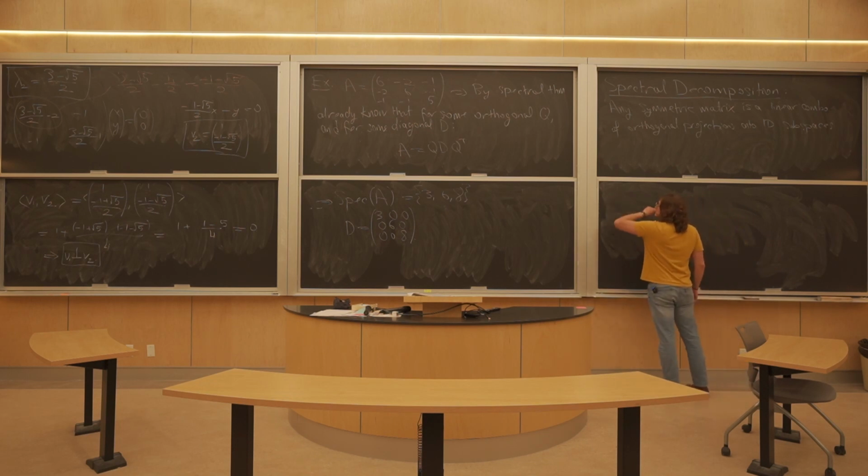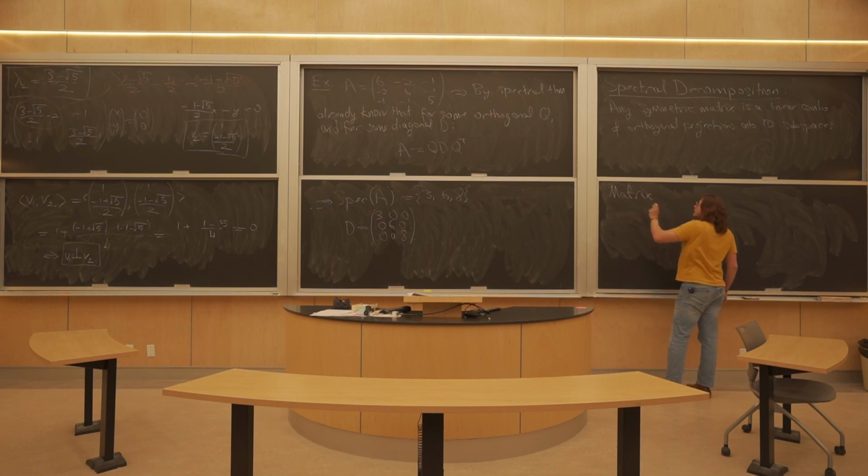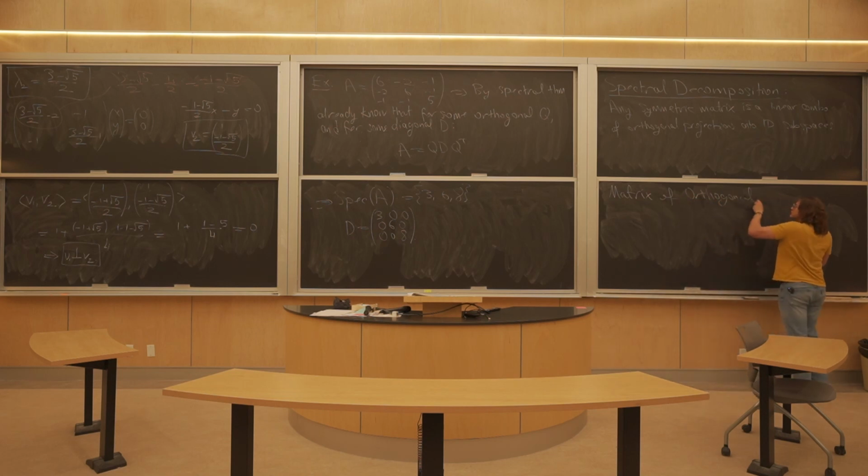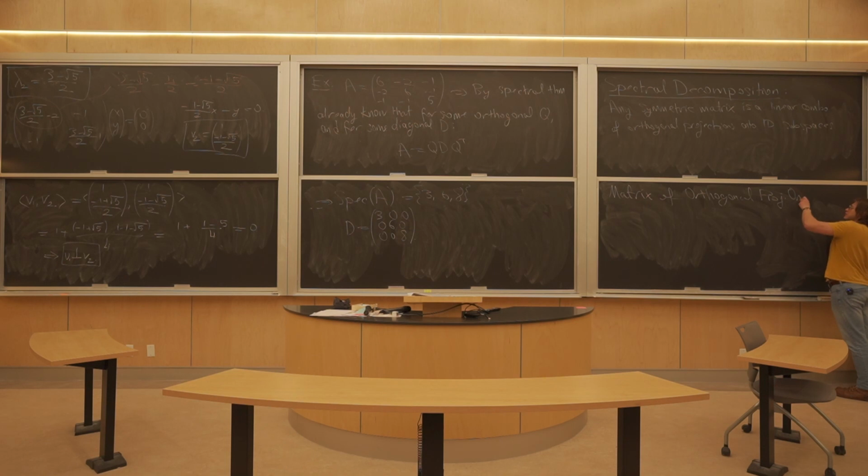So what is the matrix of orthogonal projection onto a one-dimensional subspace?